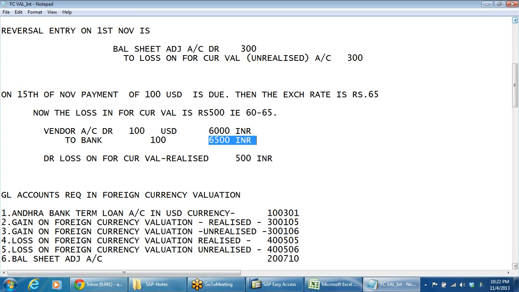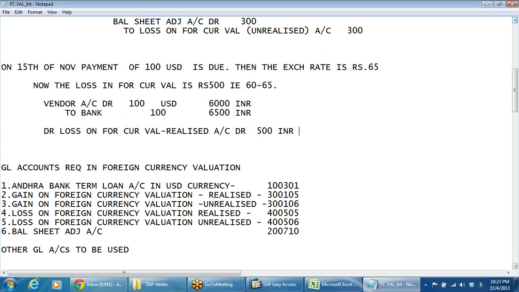Remember that. My vendor account is showing 6,000 balance. That's why my vendor account is going to be debited with 6,000. My bank account is going to be credited with 6,500. But the difference of this 500 is loss. Debit loss on foreign currency valuation realized account debtor 500 INR.